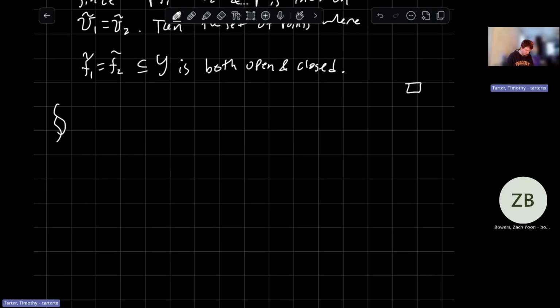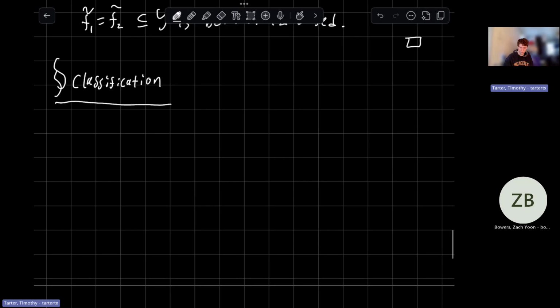So now we come to a section on classification. We consider next the problem of classifying all of the different covering spaces of a fixed space. Since the whole chapter is about paths, it should not be surprising that we will restrict attention to spaces that are at least locally path connected.